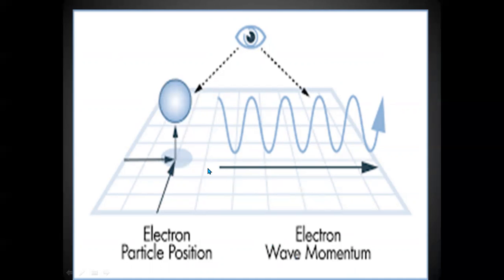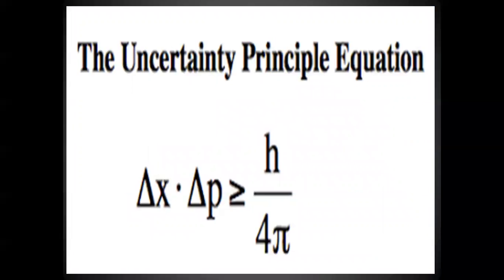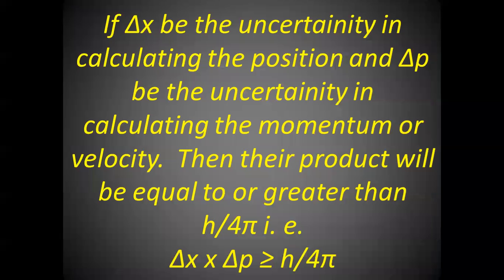Then what will happen if we calculate the exact position of the electron? We will be unable to calculate the momentum. Or if we calculate it, it will not be calculated exactly. So there will be some uncertainty in calculations. Okay, let us consider that delta x is the uncertainty in calculating the position.